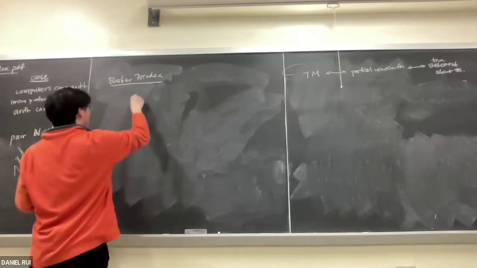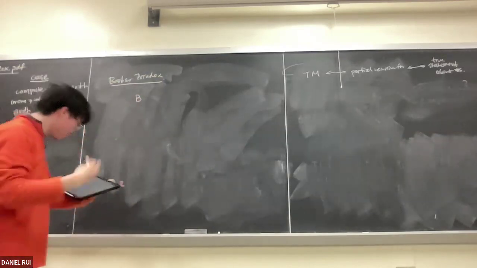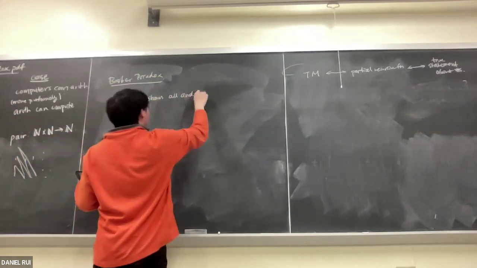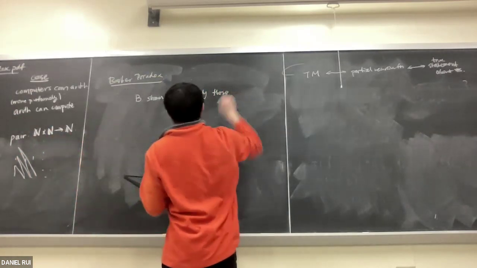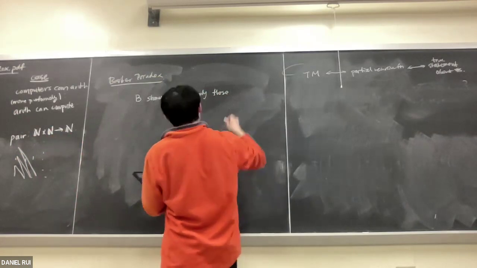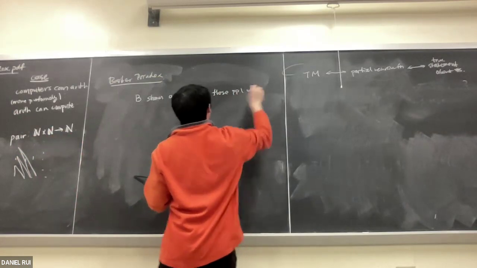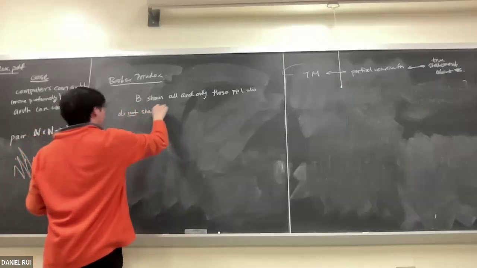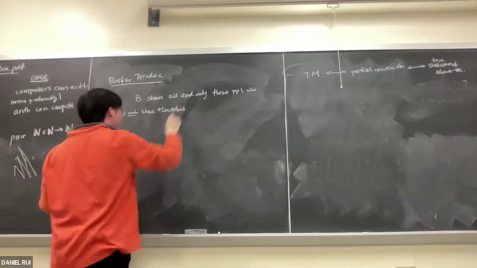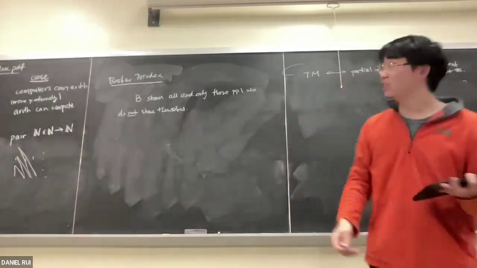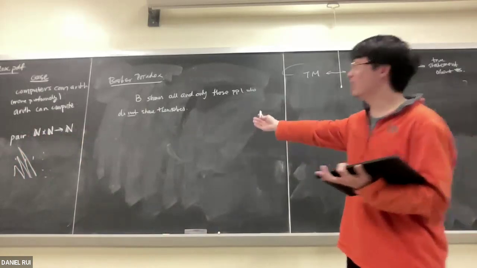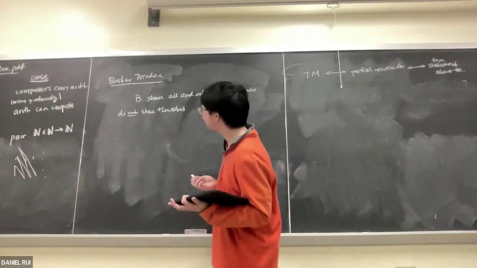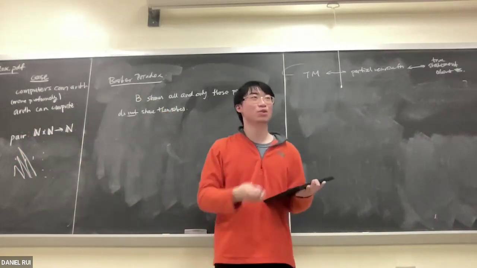Let's suppose that there's a barber B who shaves all and only those people who do not shave themselves. And of course, the paradox is this doesn't make any sense, because does B shave himself?